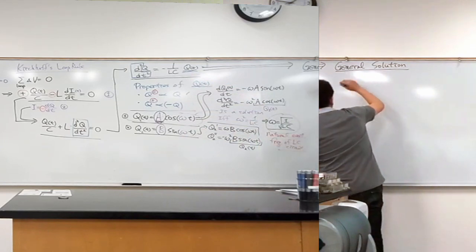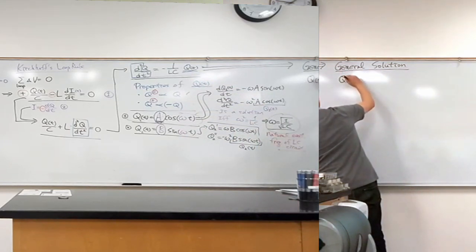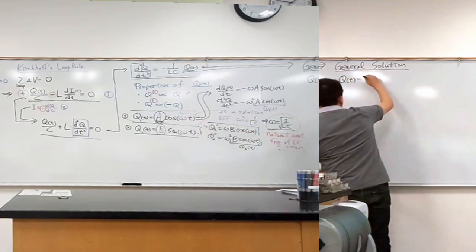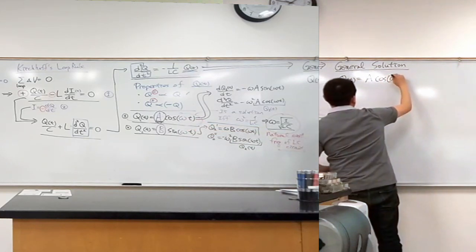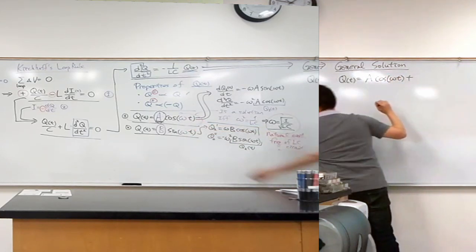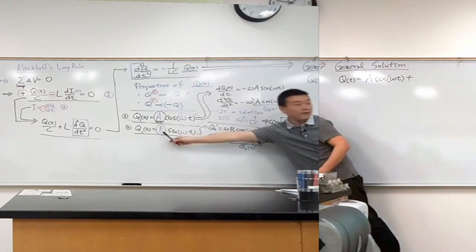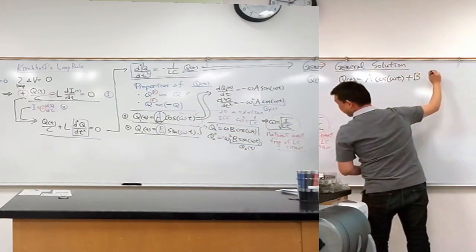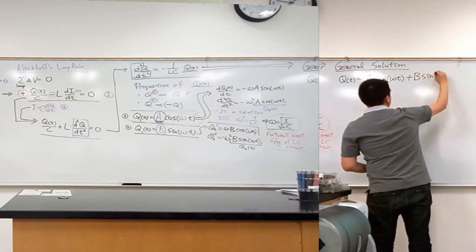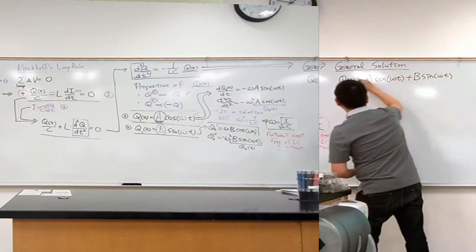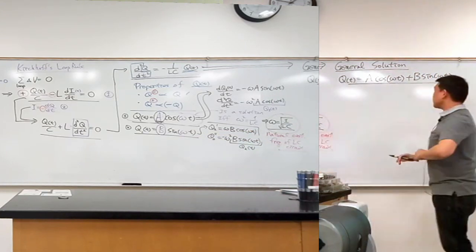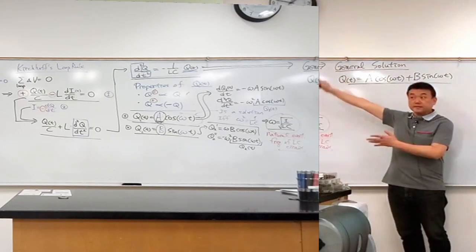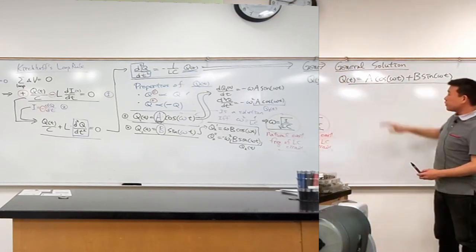So the general solution here is Q of t equals a cosine of omega t plus this thing. That's why I used a different letter here, so that I can add them without implying anything. Plus b sine of omega t. And I'll leave it as an exercise that if you plug this into the differential equation, it is indeed a solution. So that's the general solution.